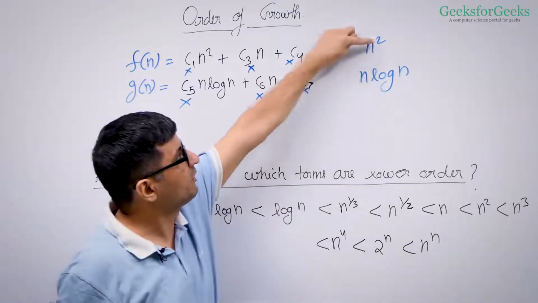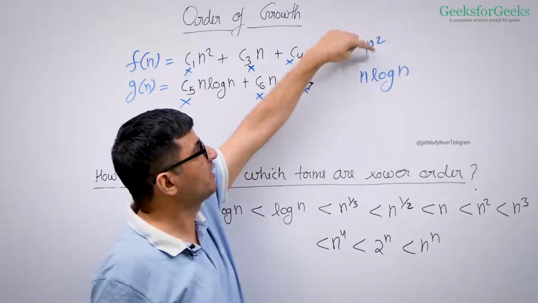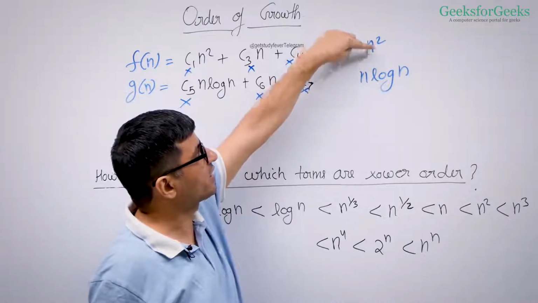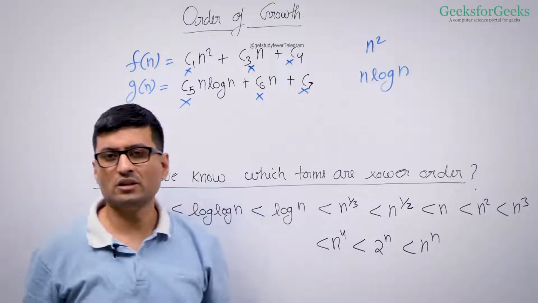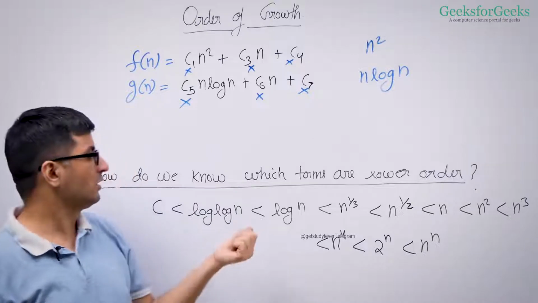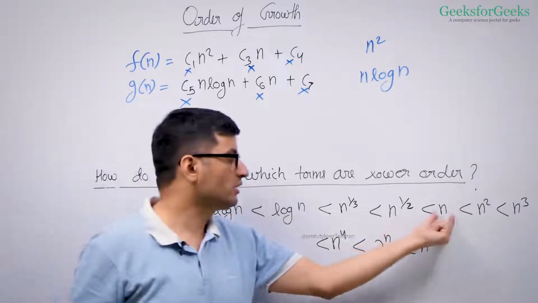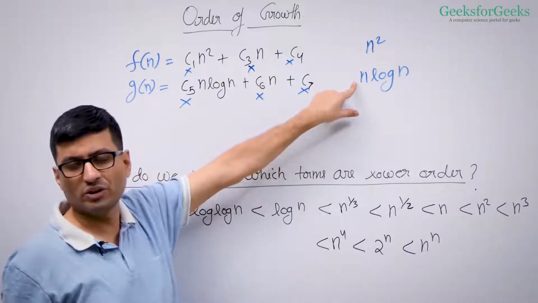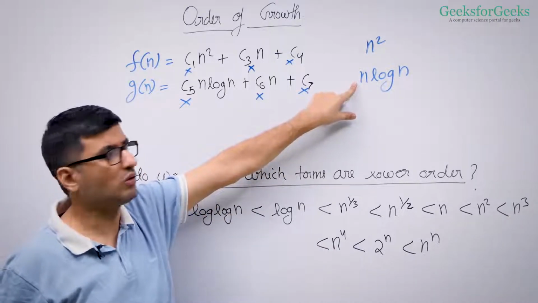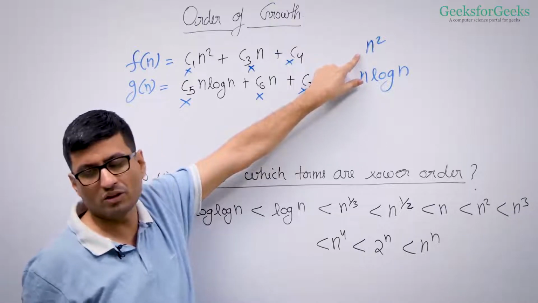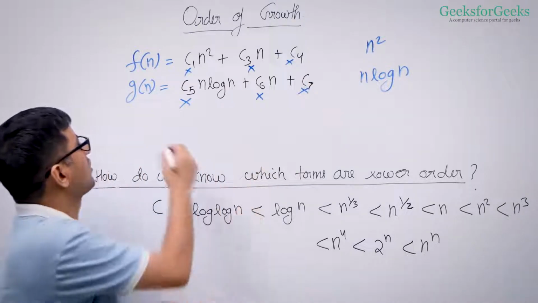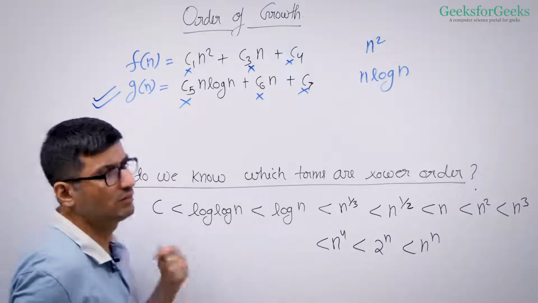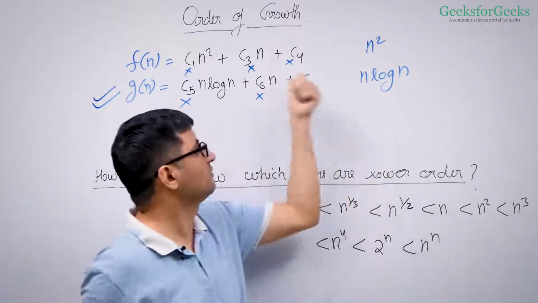We can simply cancel one n with the other n, and we get n extra here, and log n extra here. So n is definitely more than log n. So we say this algorithm is faster, right? It's going to grow slowly. So this algorithm should be preferred when you have two algorithms with these times.